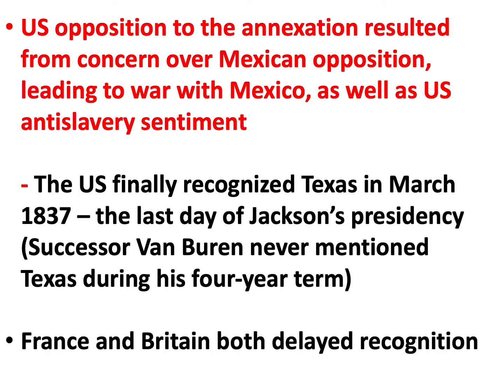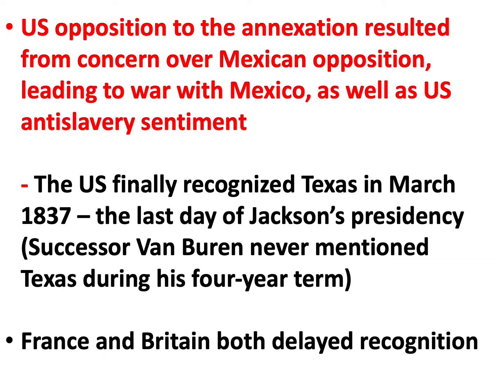And the two main reasons: there was opposition in the United States Congress, and the public at large were against having another slave state. Many people in the North were against having a slave state coming in, and there was the fear of a war with Mexico. Finally, the U.S. government recognized Texas in March 1837.